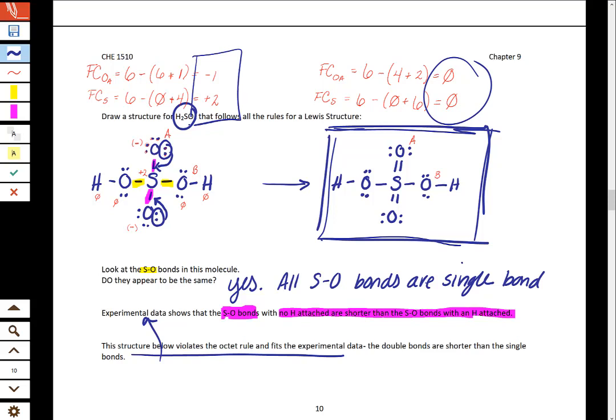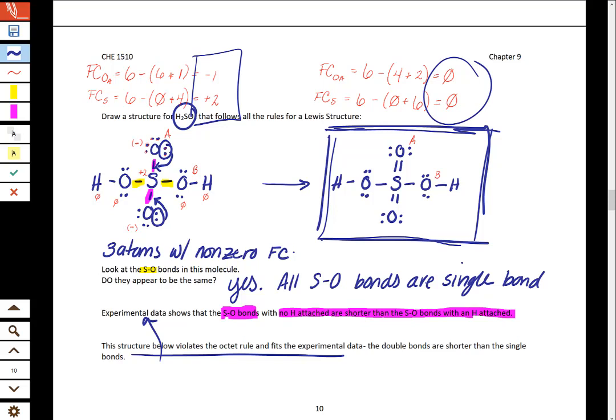So initially we had 3 atoms with a non-zero formal charge, and now everything in this box structure has a 0 formal charge. So this is what we're looking for.